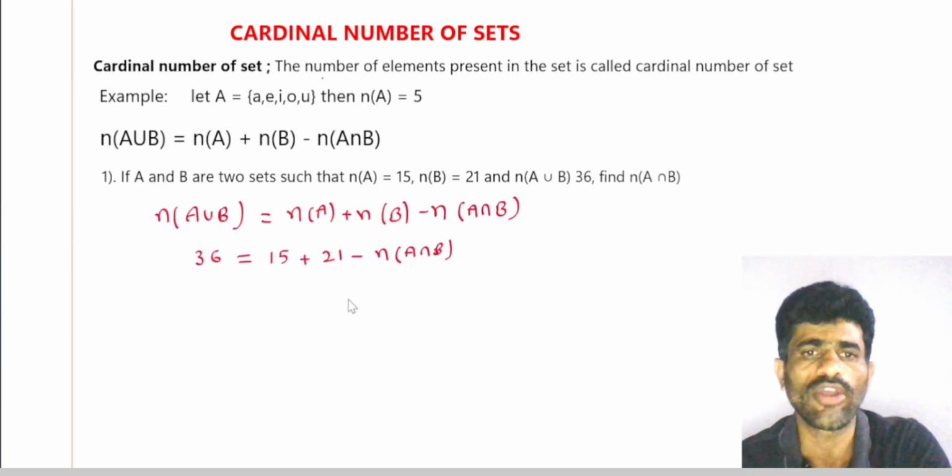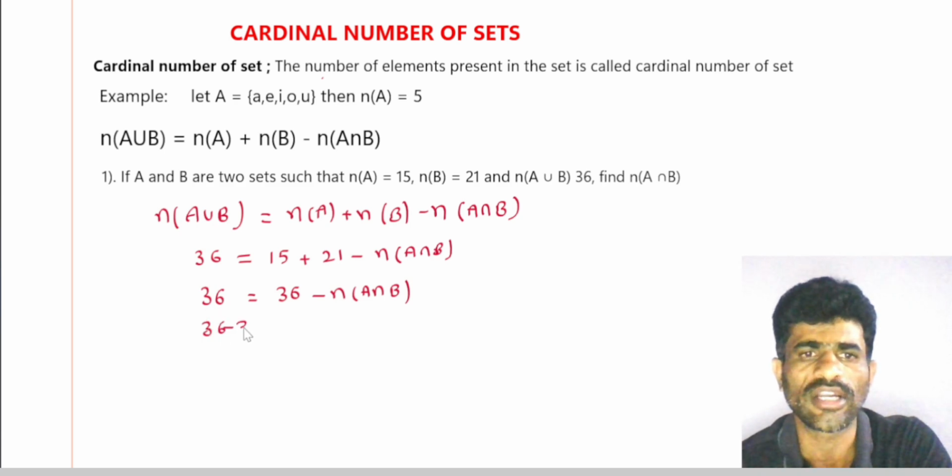Now to find out n(A intersection B), we have to add these two and transpose that side. 36 is equal to 15 plus 21, again it is 36, minus n(A intersection B). So now if we transpose this 36 to that side, 36 minus 36 is equal to n(A intersection B).